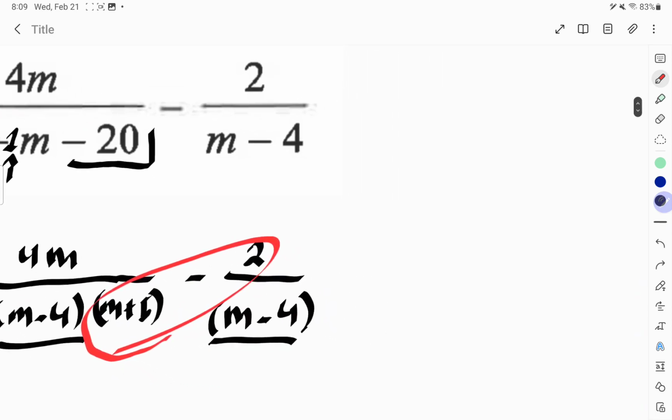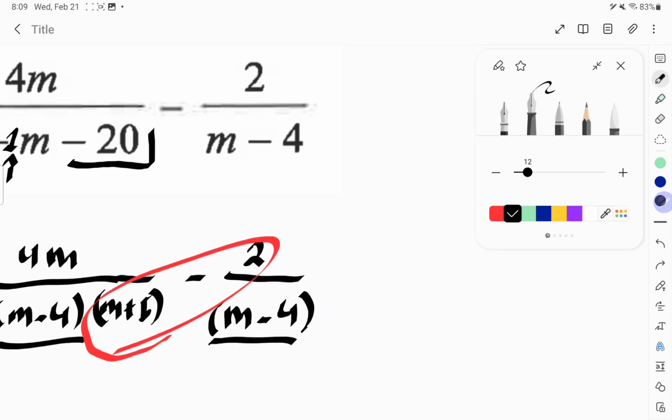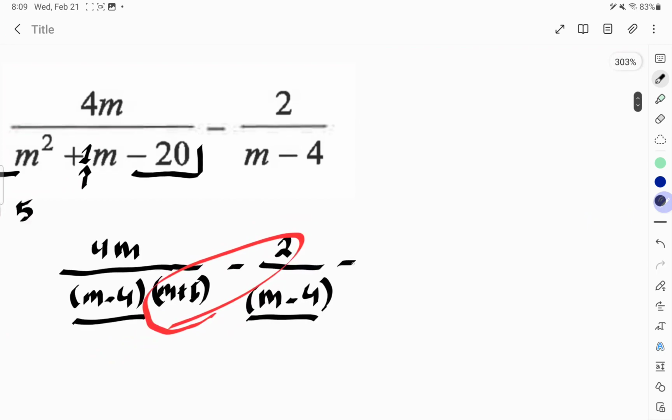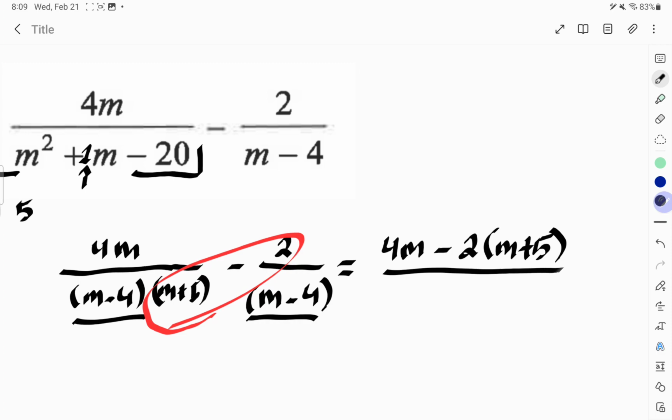That one's going to equal 4m minus 2 times m plus 5. On the bottom, we're going to have exactly the same thing: m minus 4 times m plus 5.